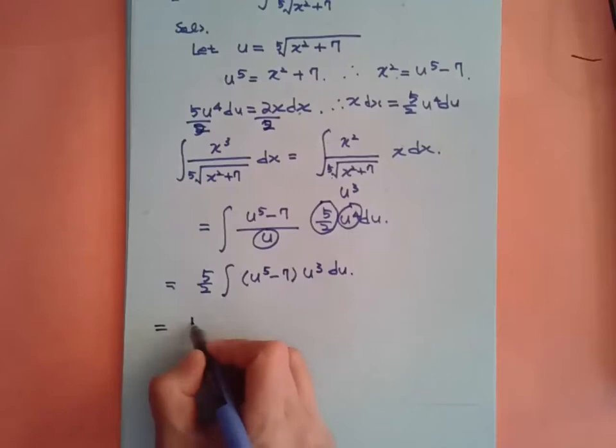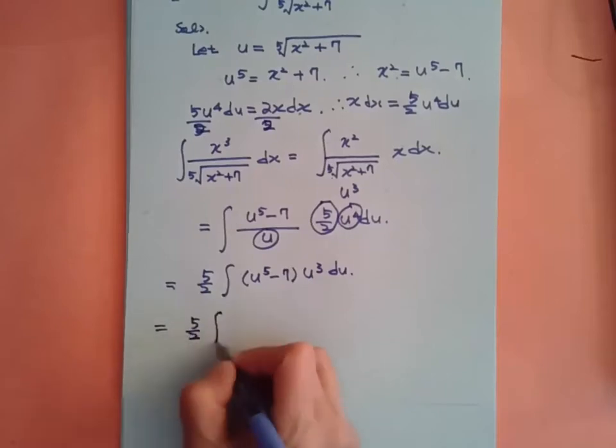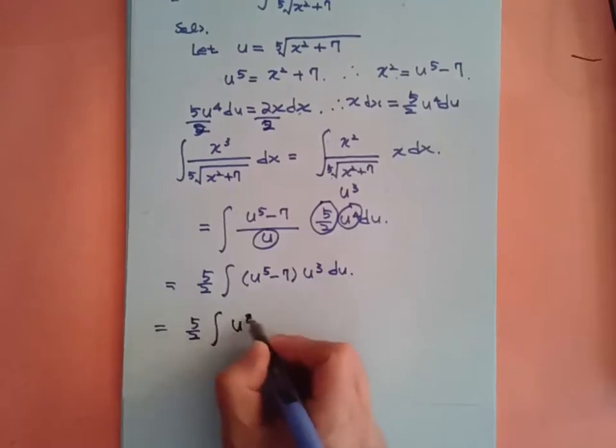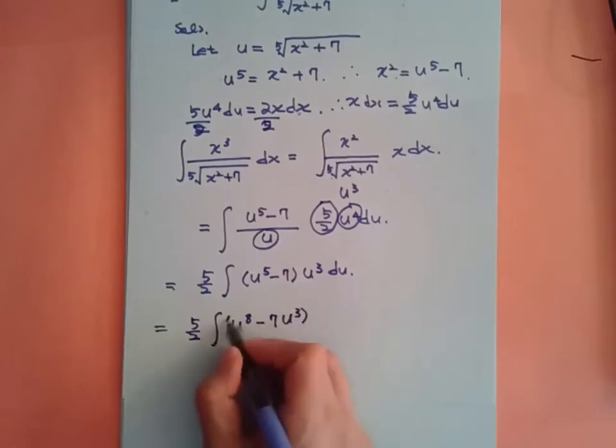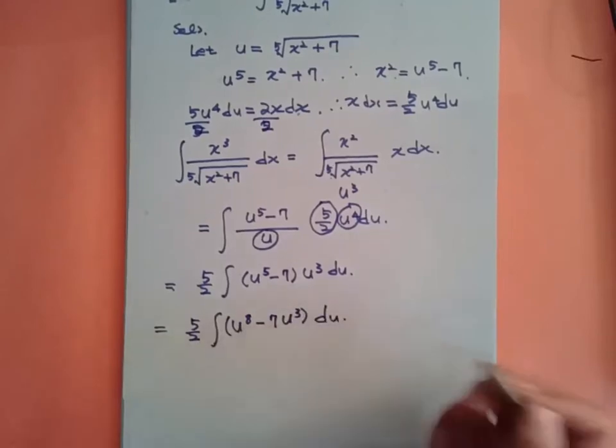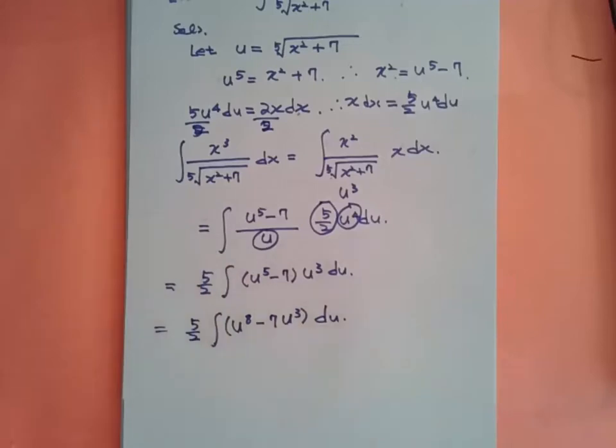So that becomes 5/2 integration u to the 8th power times 7 u cubed du. So it is nothing but a polynomial form of the integration after the conversion.